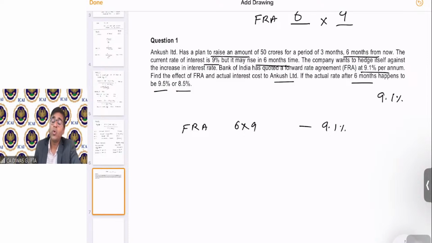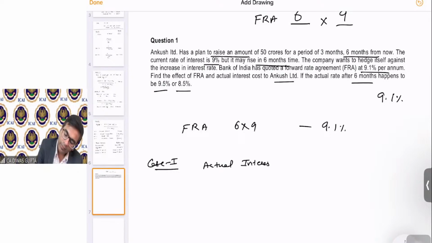The moment it goes up, tell me, students, Ankush Limited will gain or lose? Case 1, let's say the actual interest rate is equal to 9.5%.